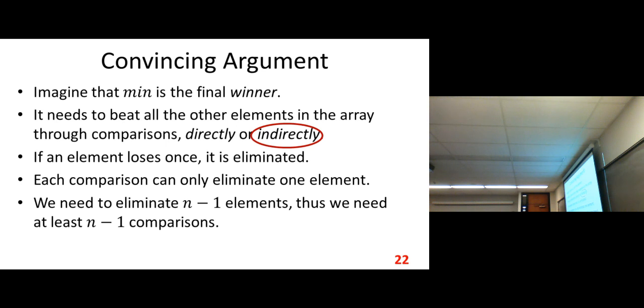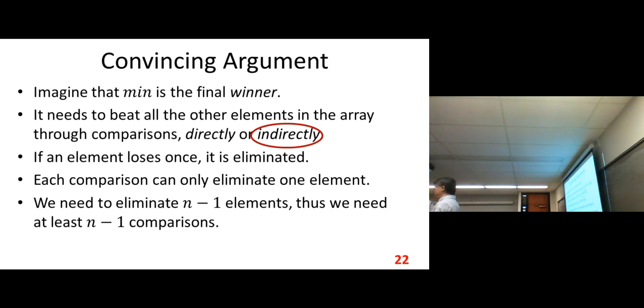We need to eliminate n minus 1 elements, right? Because at the end, there is only one winner. Only one player left. All the remaining n minus 1 are eliminated. So in other words, if you want to eliminate n minus 1 players, how many games do you need to play? N minus 1.